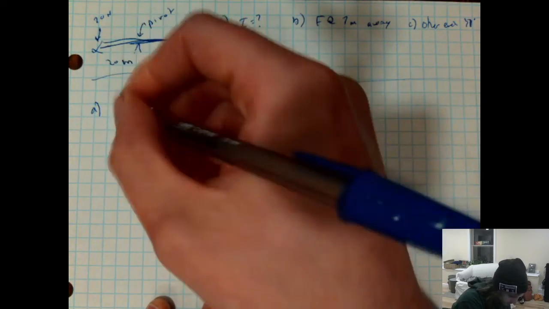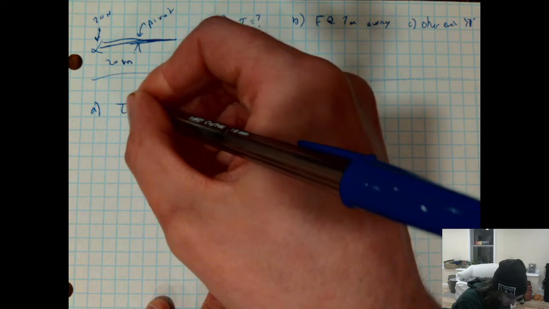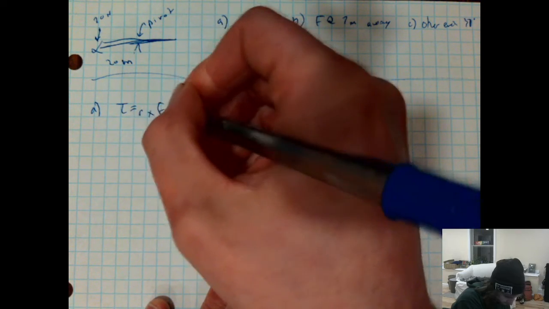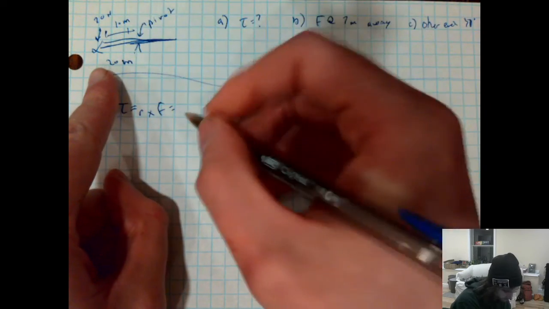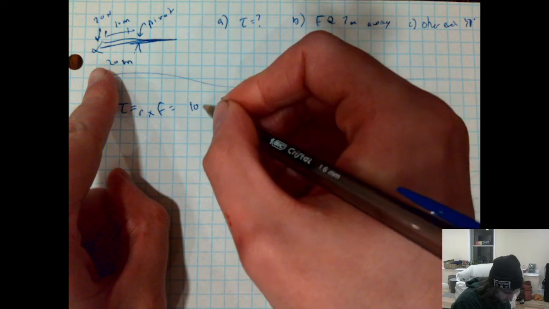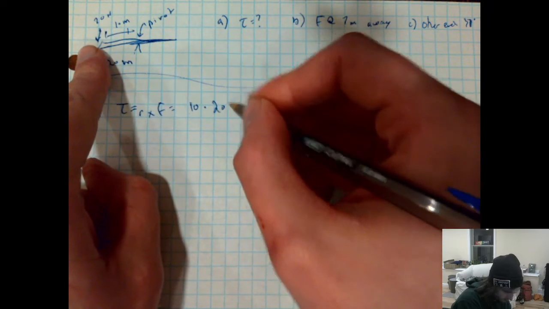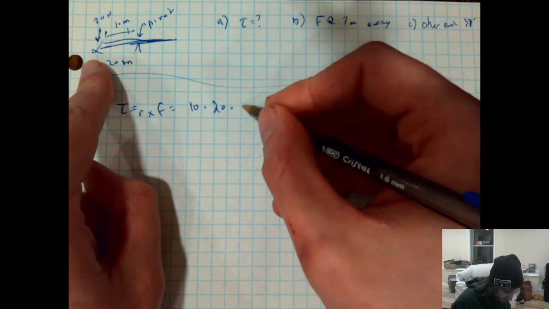So for A, nice and straightforward, torque is equal to R cross F, which in this case is going to be our R of 10 meters times our force of 20 newtons times the sine of our angle between those two forces.